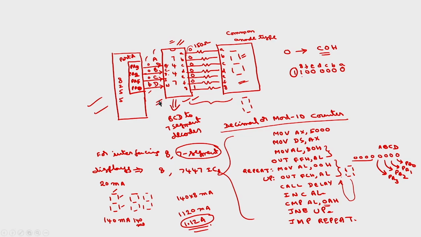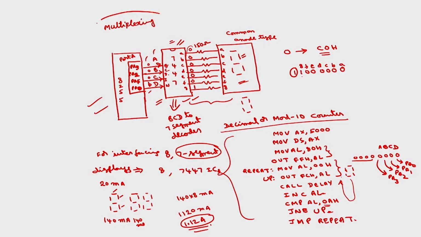In addition, we have to use 8 7447s. Instead of using these 7447s, we can use a technique called the multiplexing technique.